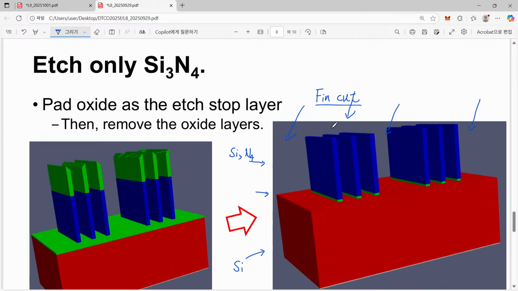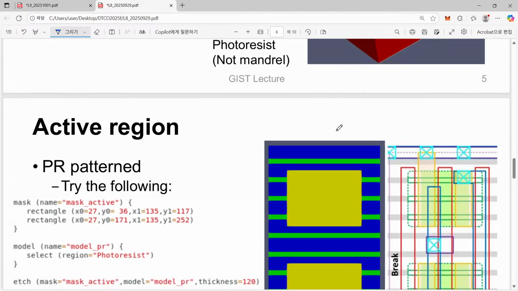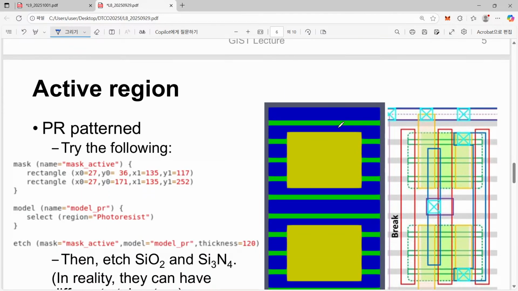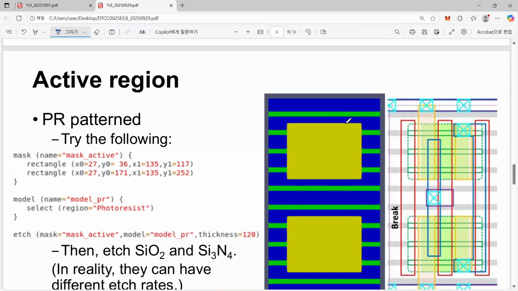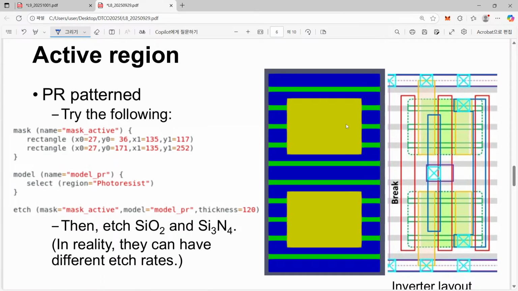If we look at this top view, the fin cut corresponds to having only the fins corresponding to these three lines, and these unwanted fins, shown as the gray shaded ones, are all eliminated by an etching process.